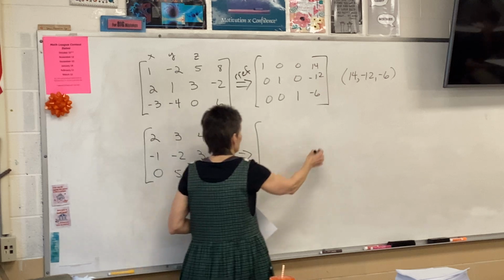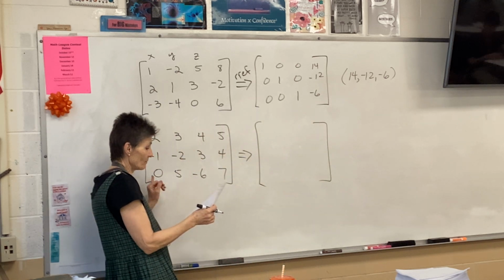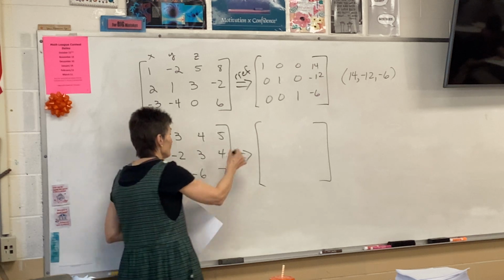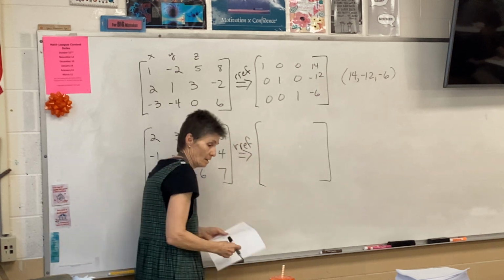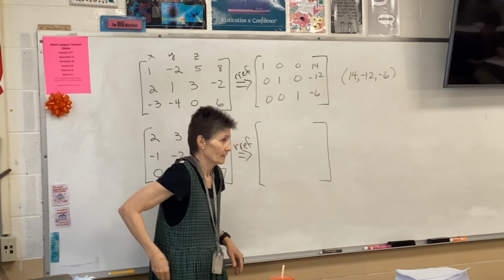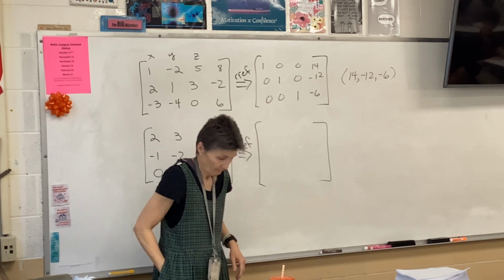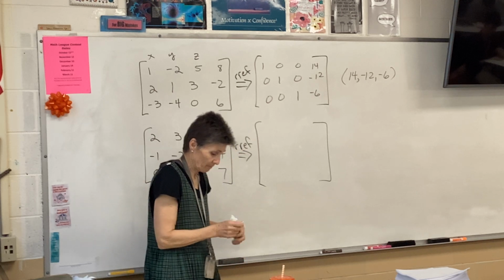Make sure, if you got a 0, that you're putting it in. In this case, we have no x in our first equation. All right? And let's see what we come up with.